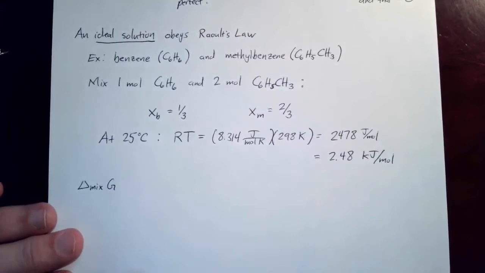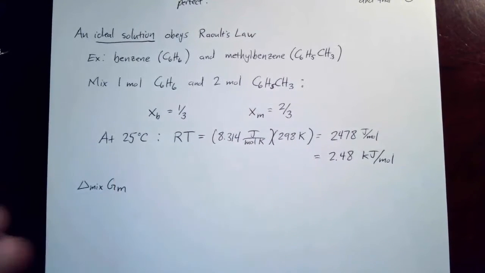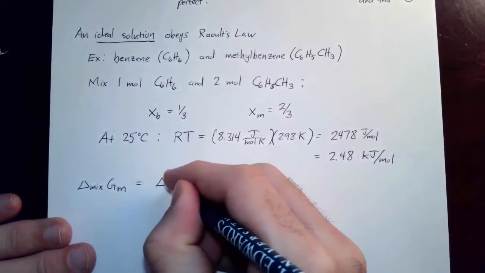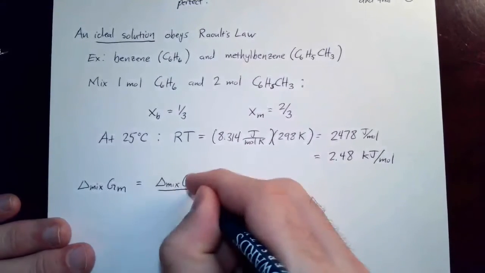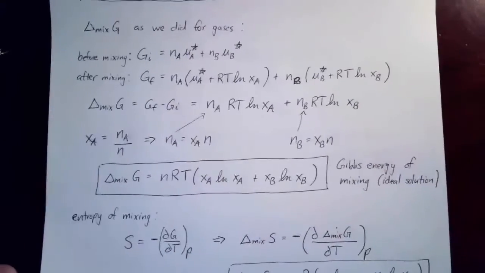And actually what I'd like to do is the molar Gibbs energy. So that's going to be delta G over the number of moles, delta G per mole. And so we go back to our equation.